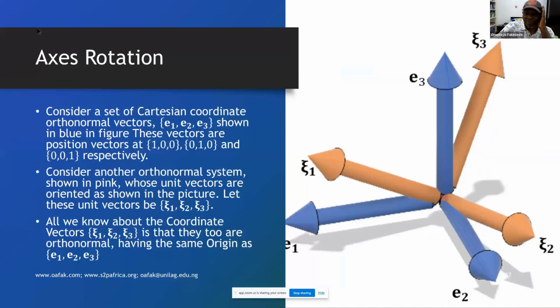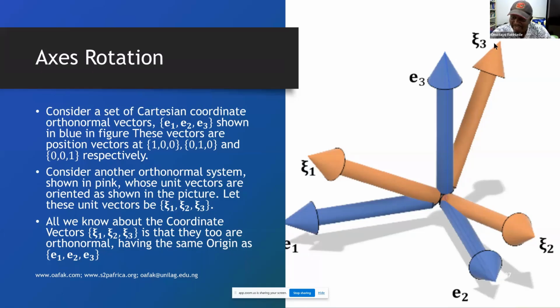So now, from this set of axes E1, E2, E3 to the set of axes Xi1, Xi2, and Xi3, we said in the two systems, the unit vectors are unit vectors, so the magnitudes haven't changed.